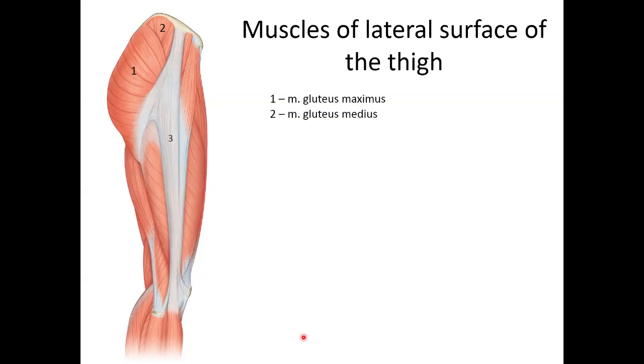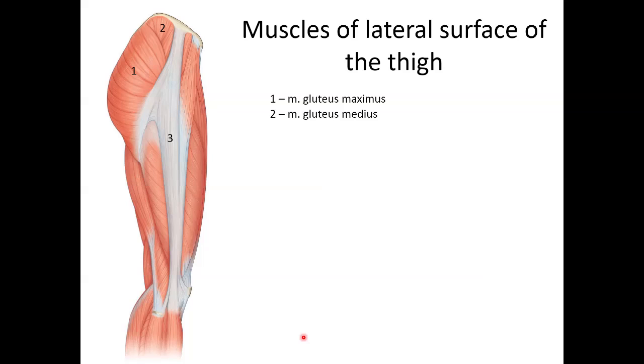Then number 3, what is it? You can say that it's a tendon. It looks like a tendon, but we can say that it's a thickened part of fascia lata.